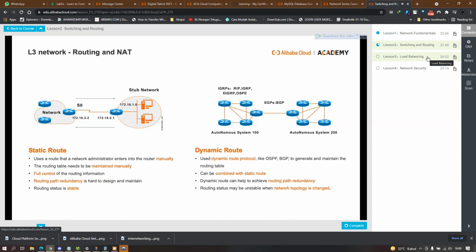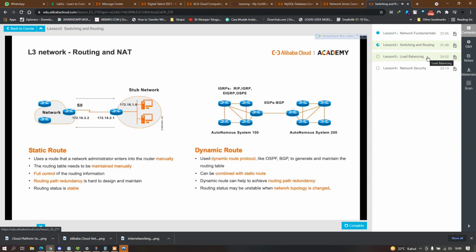So as the administrator, you will not be very clear about the current routing information of the router, which means you cannot have full control over it.